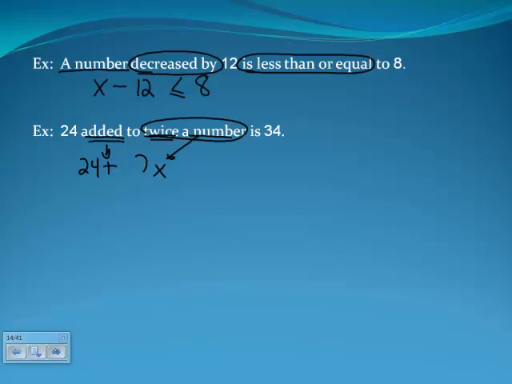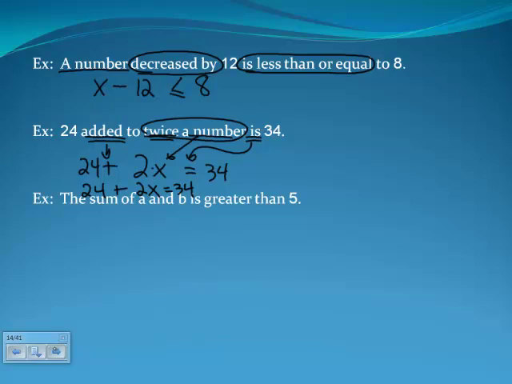Twice a number means 2 times. So we're adding 24 and twice a number, which is 2x, or 24 plus 2x. Is is a key word for equals. It's an equality. And it's equal to what? That's the last thing in the sentence, 34. So to clean that up, 24 plus 2 times x, or just 2x, is equal to 34.